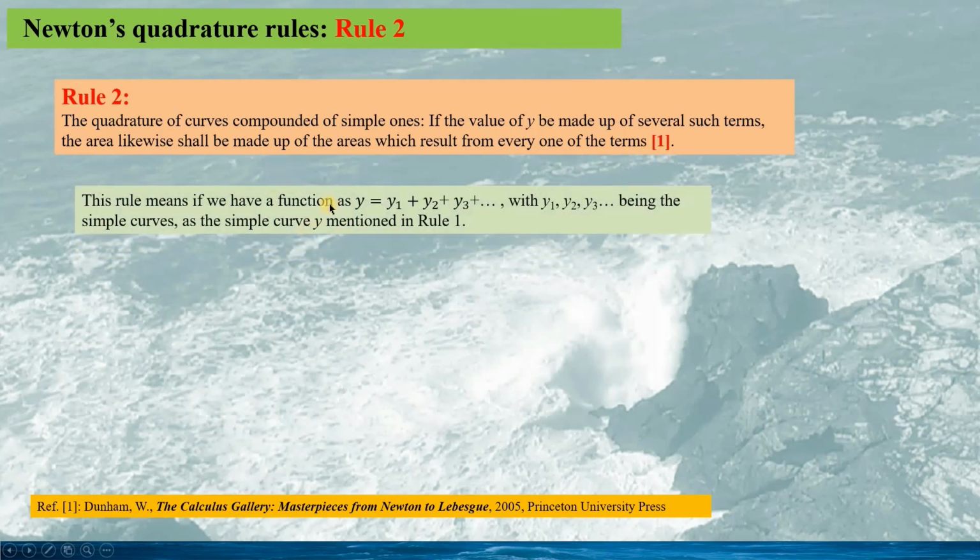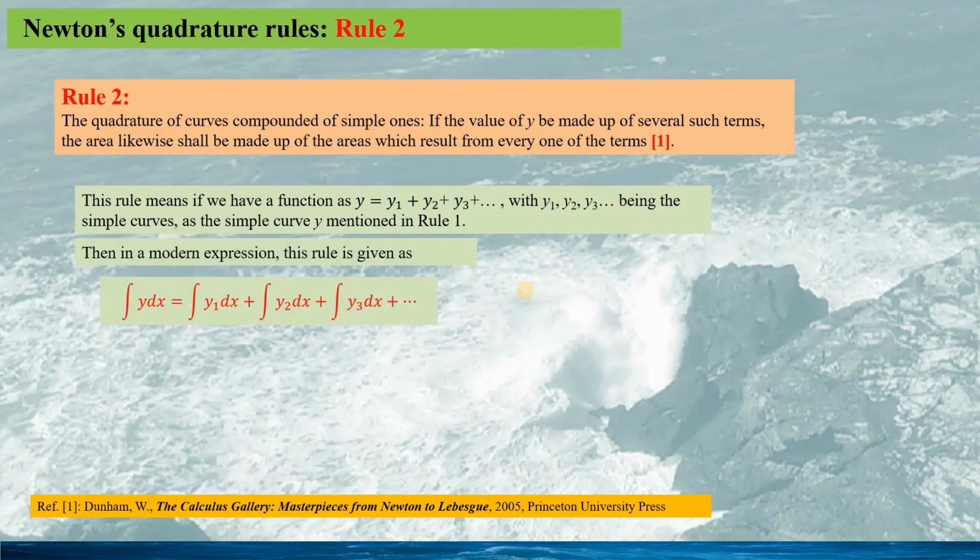This rule means if we have a function y equaling y1 plus y2 plus y3, etc., here y1, y2, and y3 being the simple curves as we saw in the previous rule. Thus, in modern expression, this rule is given as the integral of y is the integral of y1 plus the integral of y2 plus the integral of y3, and so on.